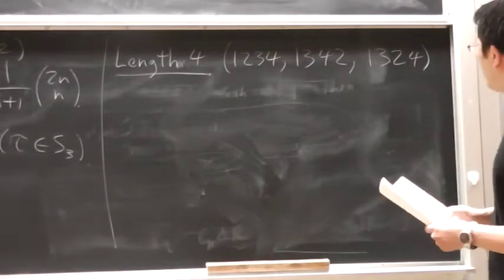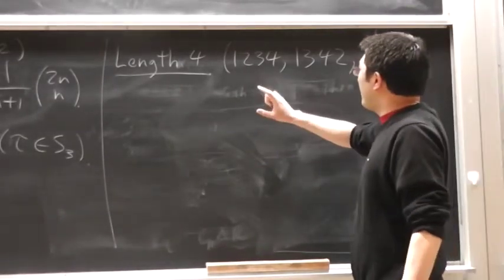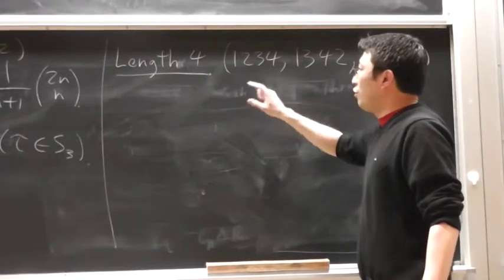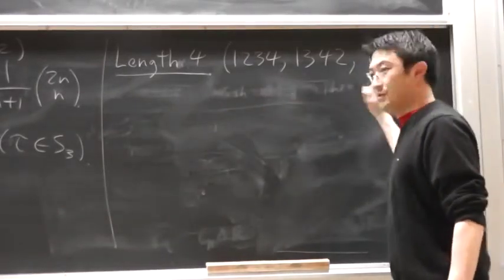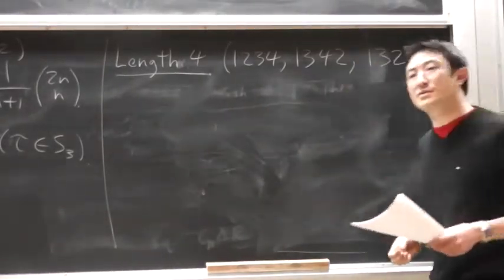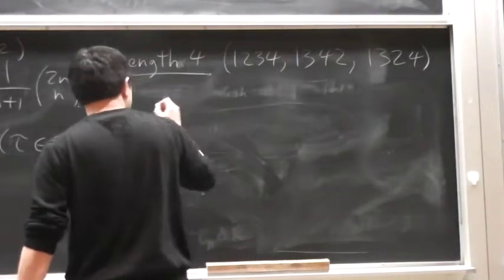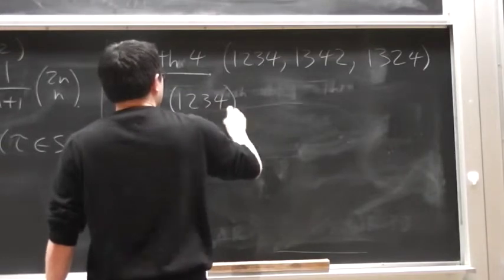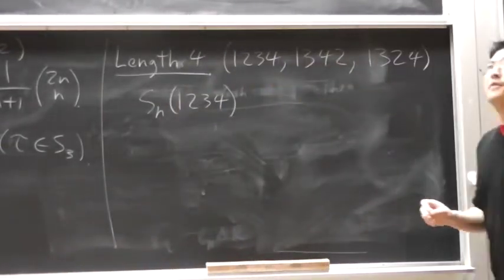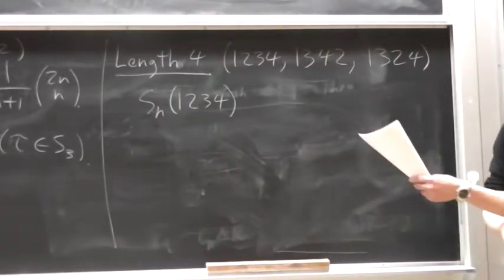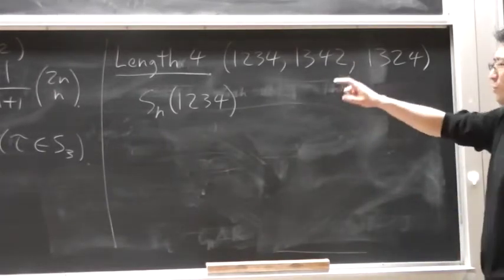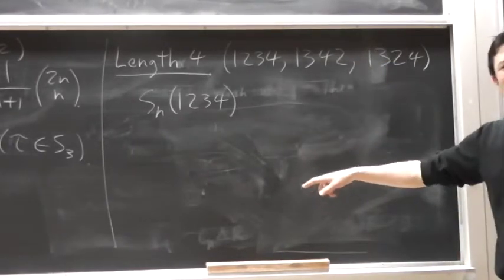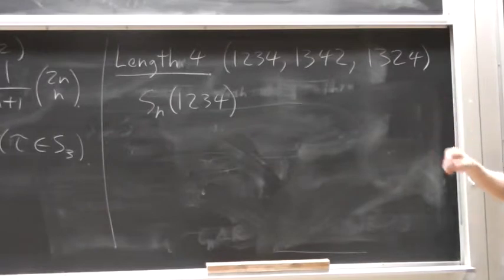Each of the length 4 patterns is equivalent to one of these 3 in terms of the enumerating sequence. So does each one have 8? No. Yeah. I think the 1, 2, 3, 4 and the decreasing, I believe, stand by themselves. I might have to double check.